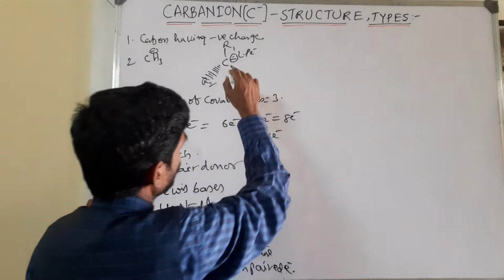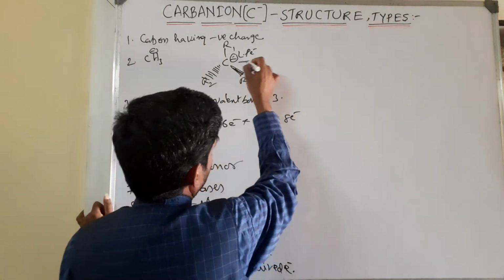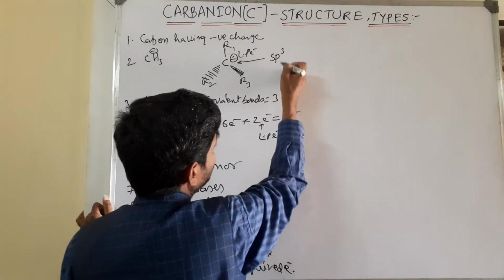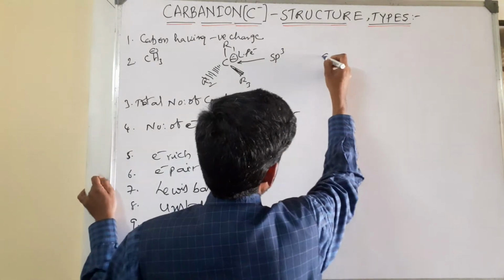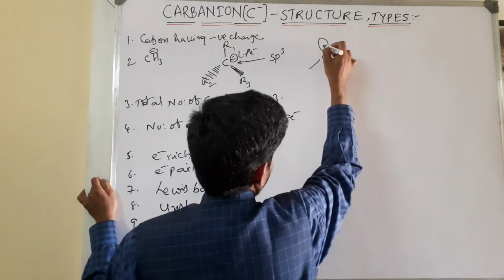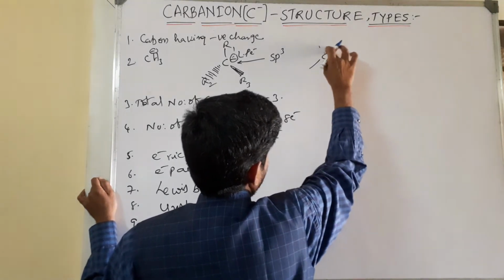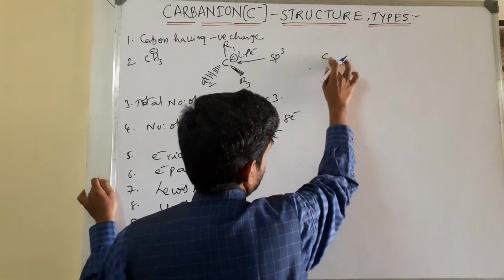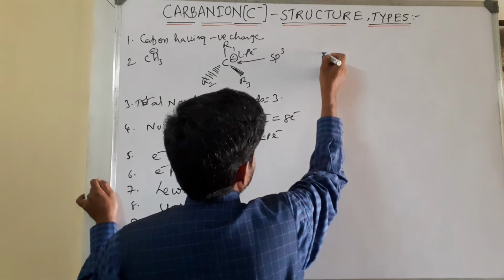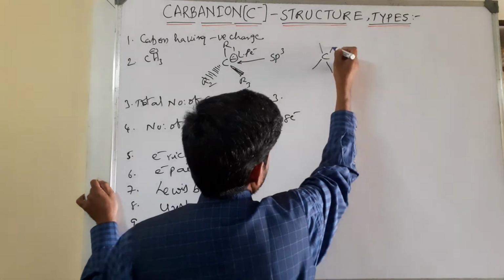Next, what type of hybridization does the carbon undergo? It is sp3. We can represent it for our convenience like this, with the lone pair present here. So this is 1, 2, 3, and this is the lone pair.